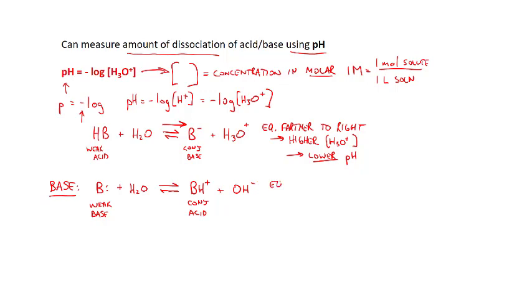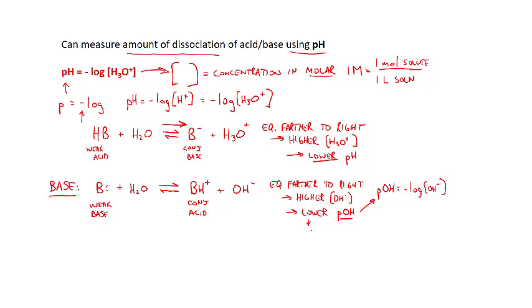So once again, if the equilibrium is farther to the right, that means we have a higher concentration of OH-, which implies a lower pOH. pOH is the same, except it's negative log of OH-.